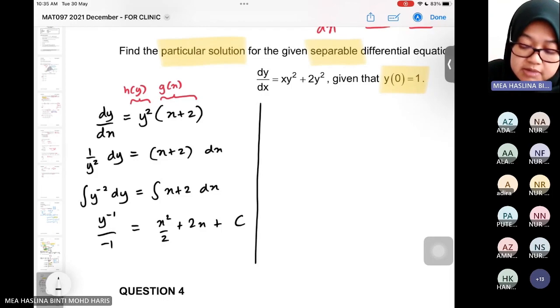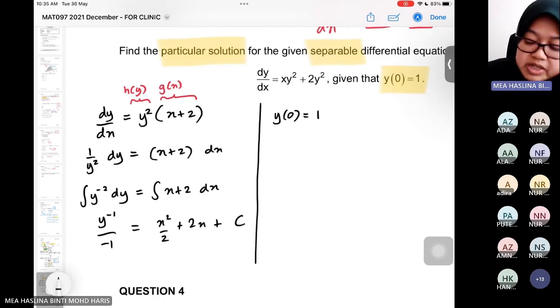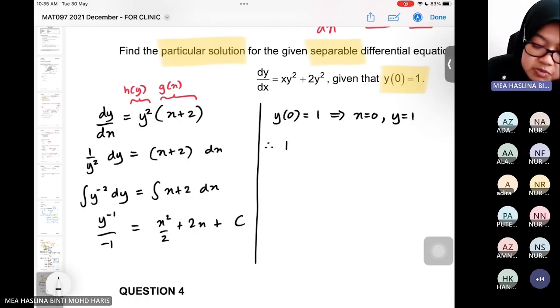Here you have y of 0 equals 1, so you can substitute directly. That means x equals 0 and y equals 1. Therefore, 1 to the power of negative 1 over negative 1 equals 0 squared over 2 plus 2 times 0 plus c.